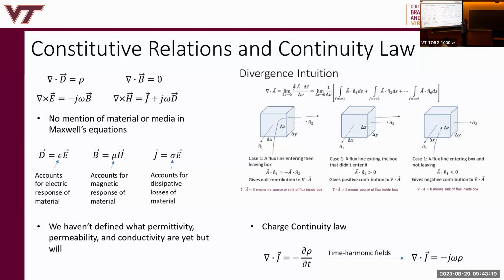That's exactly what this law says. If there is net flux of J leaving the volume, then the charge inside must be depleting. It's conserved. Charge can neither be created nor destroyed. Whatever was in there is leaving if there is current leaving the volume. Any questions? Does that mean that a point charge is continuous?